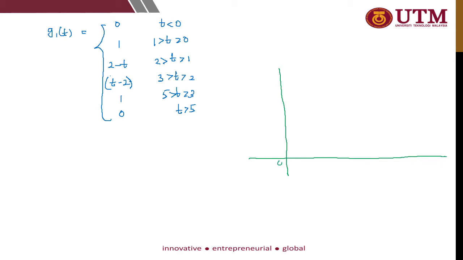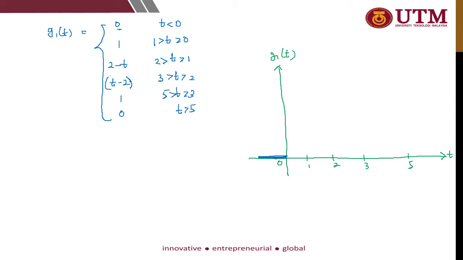The range of t is 0, 1, 2, 3, and lastly 5. Don't forget to label them. So this one is your g1(t). From t less than 0, the magnitude is always 0.